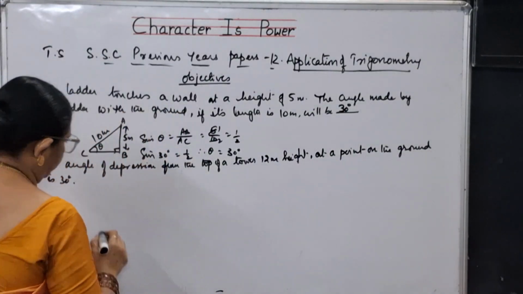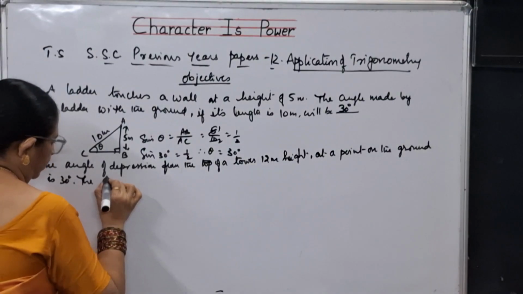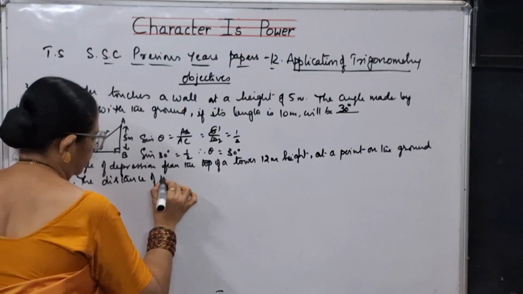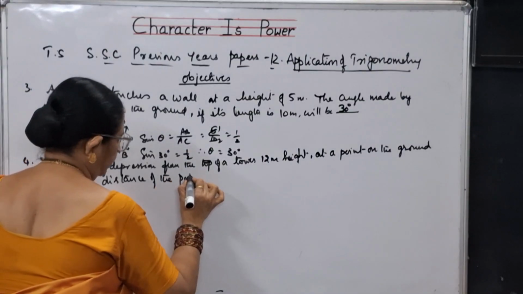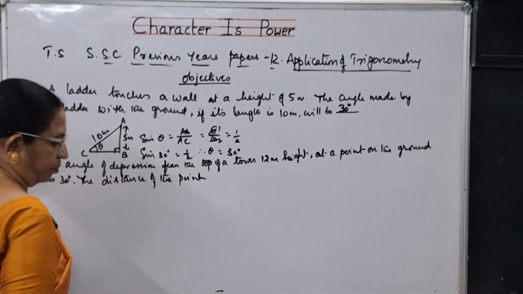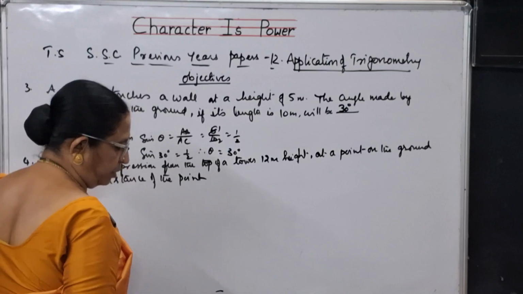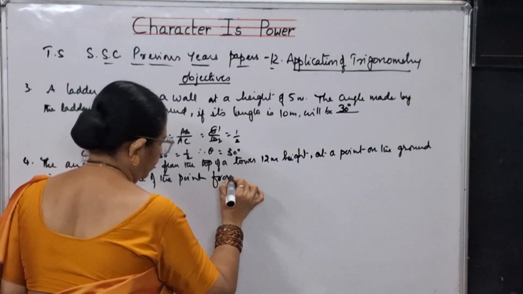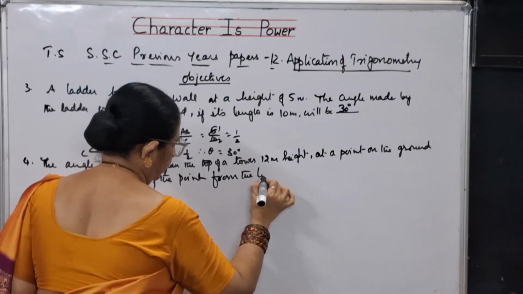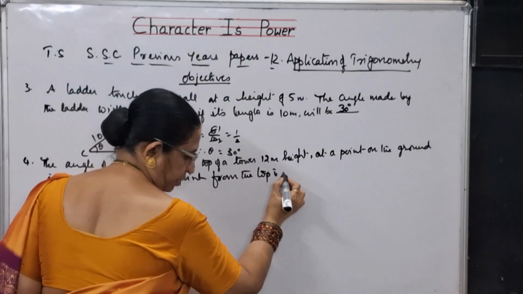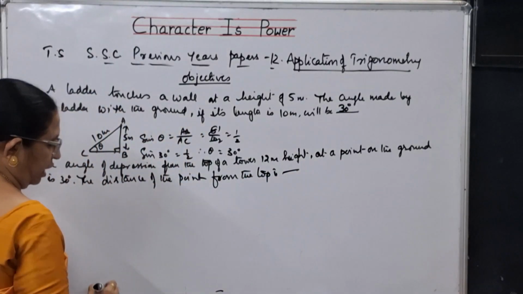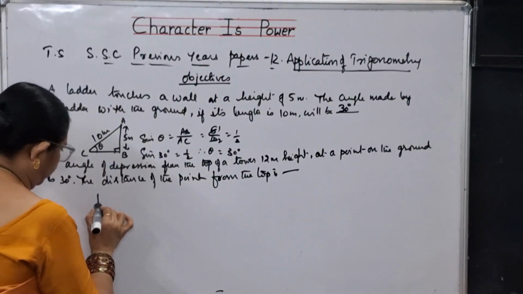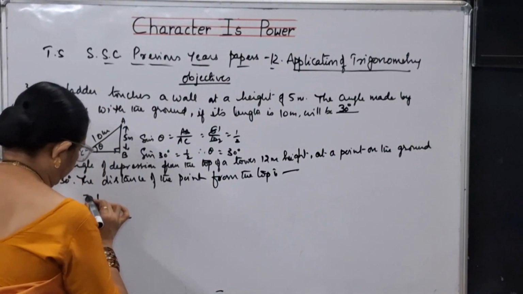The distance of the point from the top is dash.